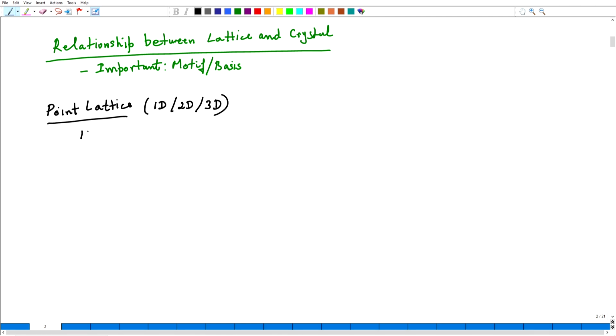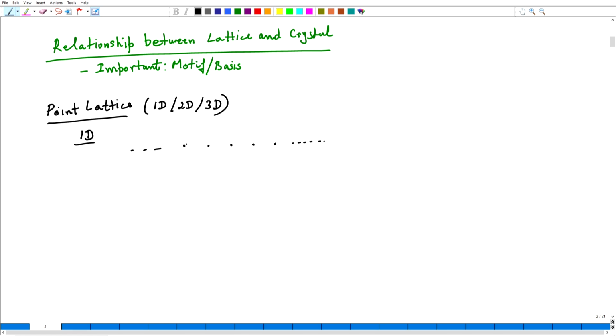So, let us take a 1 dimension example, that I have a row of points which extend to infinity in both directions. These are, as I had said, what should these points obey now? This is a row of points. Lattice is a regularly spaced arrangement of points, which means that the spacing between the points has to be the same.